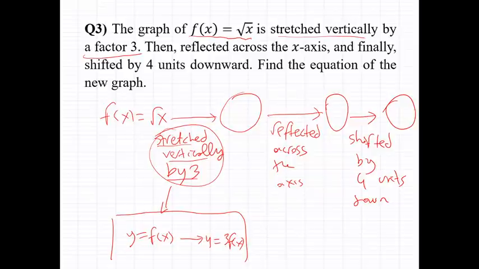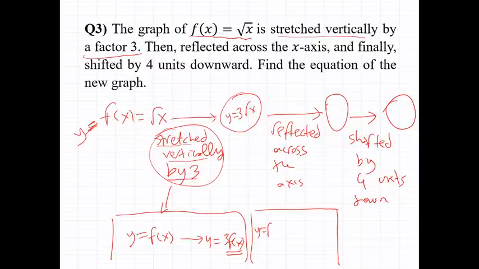So you can take this one as y equal to f of x. Now the transformation should be 3 times f of x, which is y equal to 3 times square root of x.